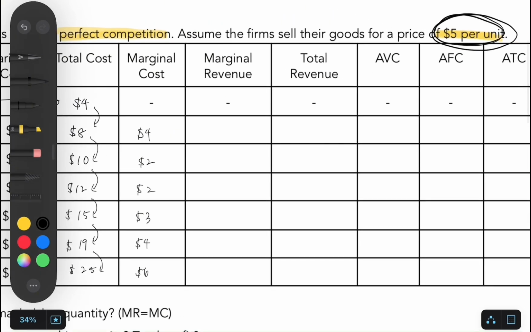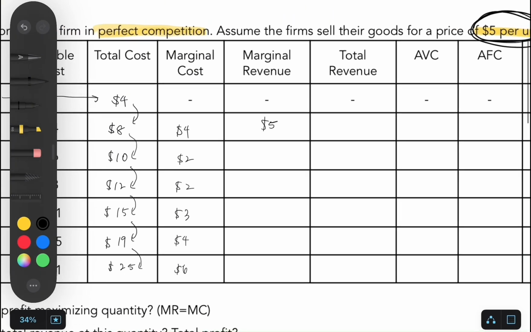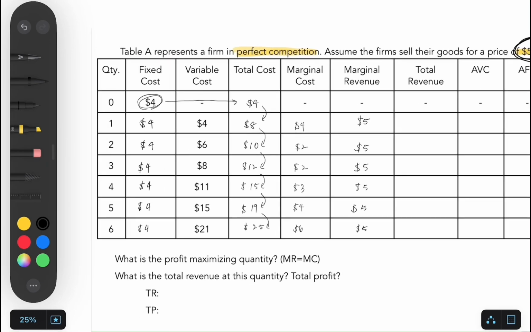Next, the marginal revenue, which is $5 per unit, would be the same for each quantity. And for the total revenue, you would multiply the marginal revenue by the quantity. So $5, $10, $15, and so on.